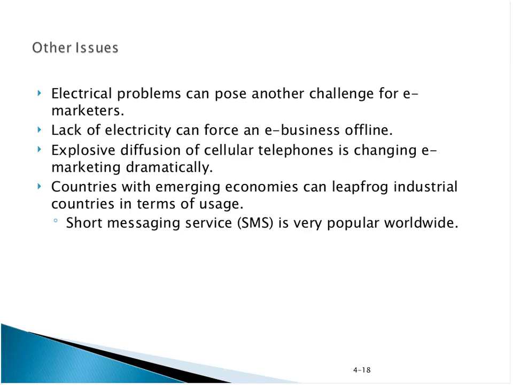Okay, other issues that we have related to the internet: electrical problems can pose another challenge for e-markets. That is definitely one of the dilemmas that e-marketers have. Electrical problems can simply be the infrastructure in terms of electricity in the country.